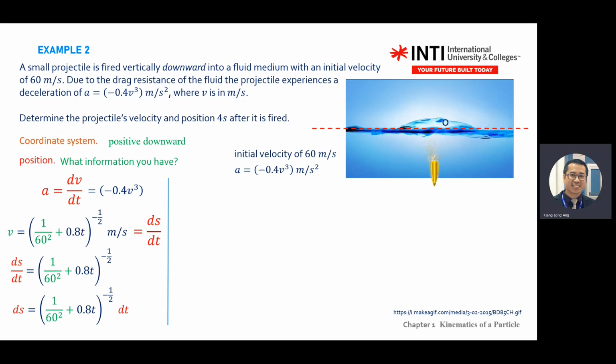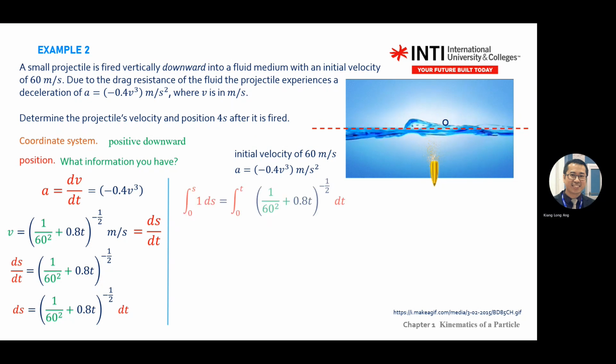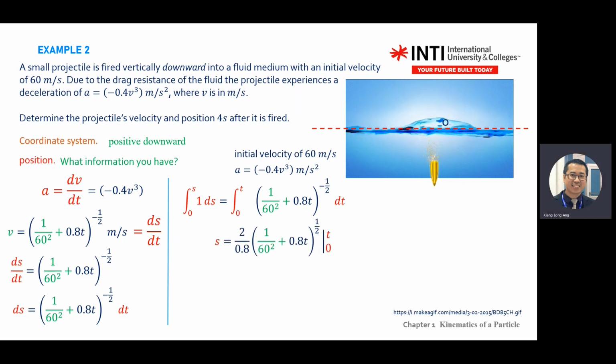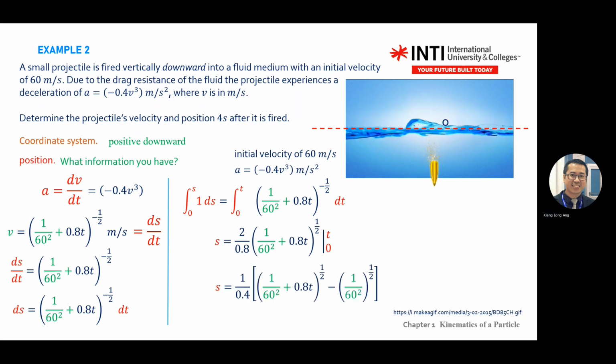You need to change it to the same term. You continue to do integration. Okay, what is the answer for displacement after 4 seconds? You do integration, substitute, and your s will be in this form.